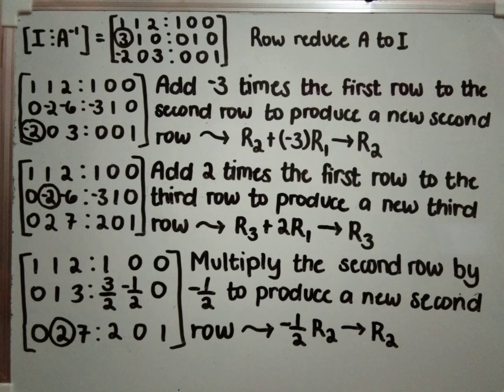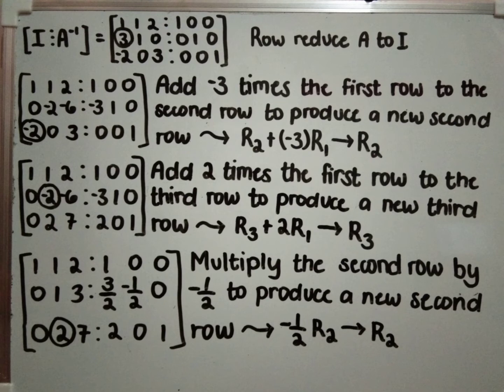So, 3 plus negative 3 times 1 equals 0. 1 plus negative 3 times 1 equals negative 2. 0 plus negative 3 times 2 equals negative 6. 0 plus negative 3 times 1 equals negative 3. 1 plus negative 3 times 0 equals 1. And 0 plus negative 3 times 0 equals 0.